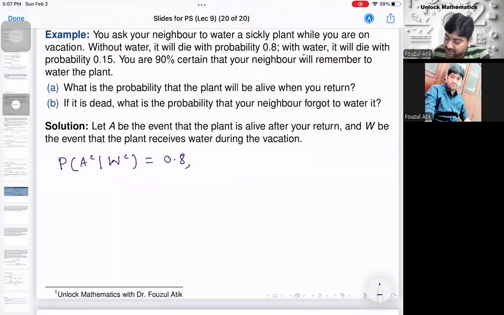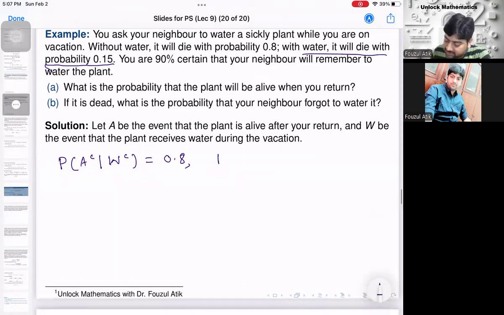With water, it will die with probability 0.15. What does it mean? P of A complement, it will die, given that it will get some water. It is 0.15.